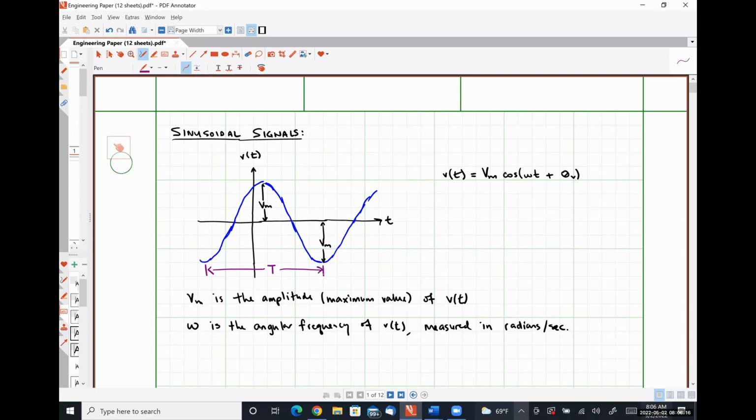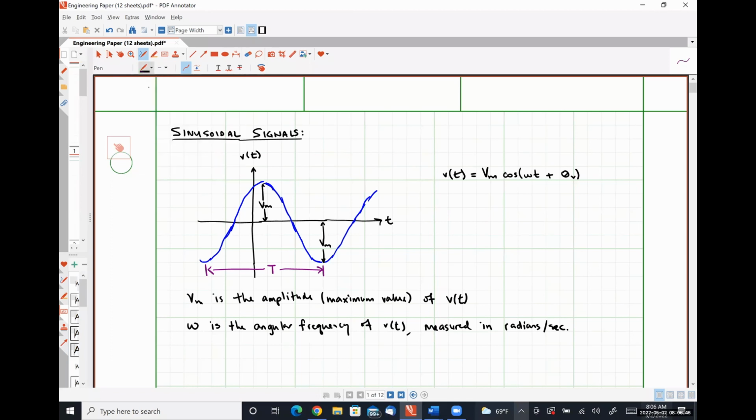We could define it to be the time that occurs between successive positive peaks. We could define it to be the time between zero crossings that are increasing, or between zero crossings that are decreasing. Doesn't particularly matter how we define it for any periodic signal. Wherever we start, whenever we hit that exact same value again, we have exactly one period, okay?